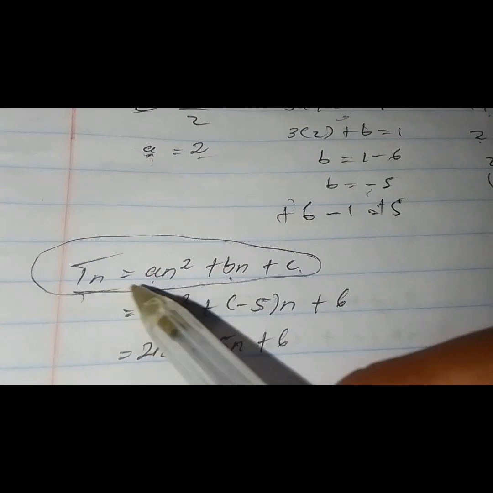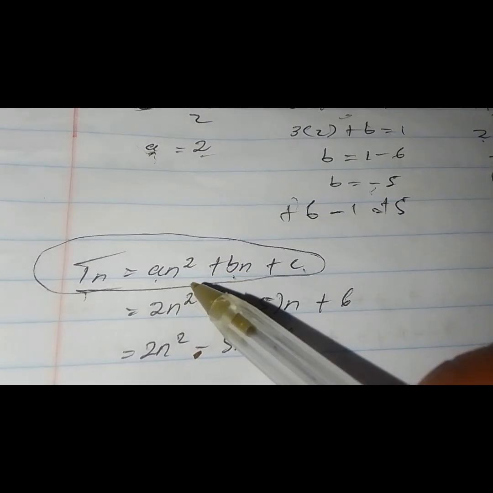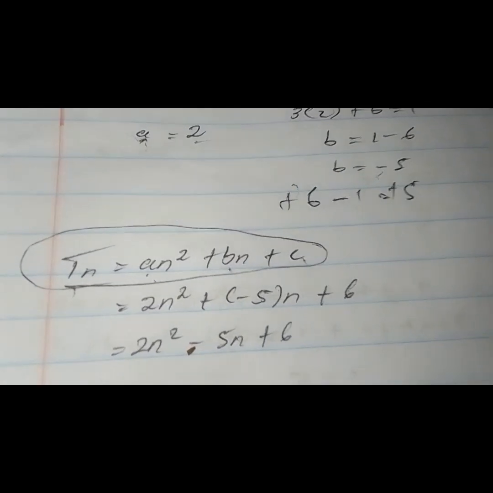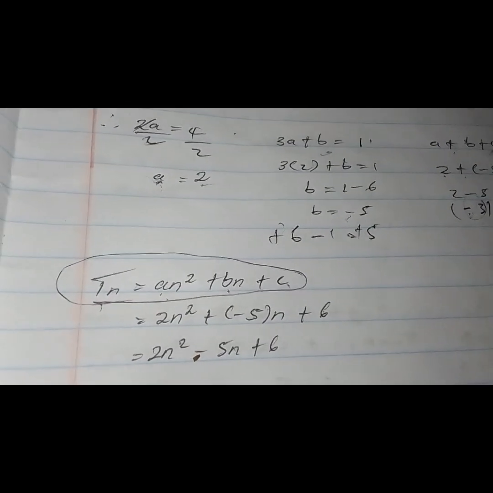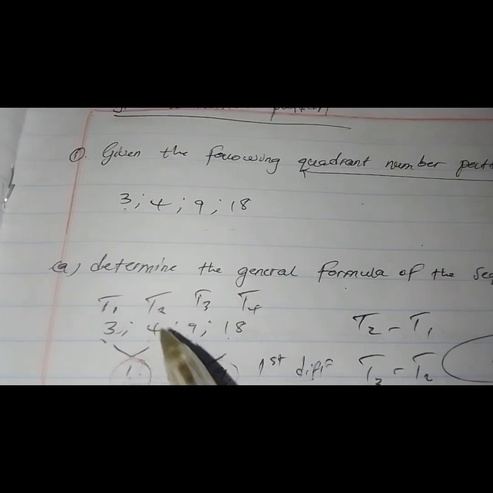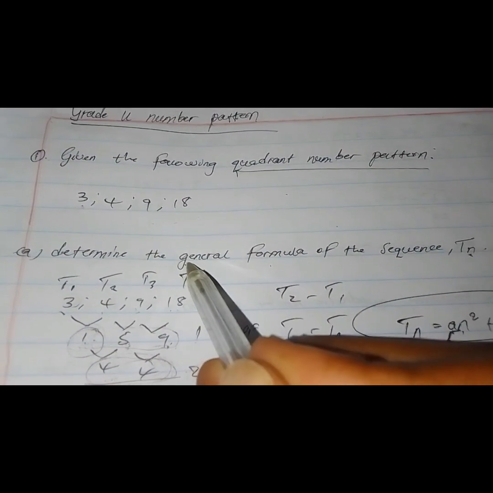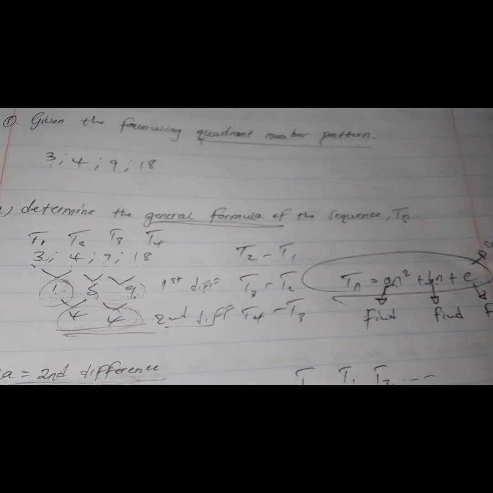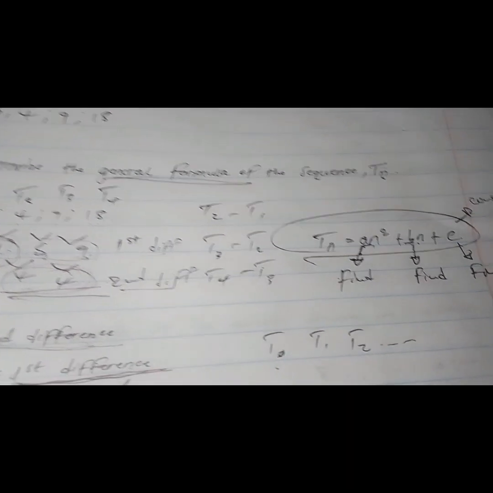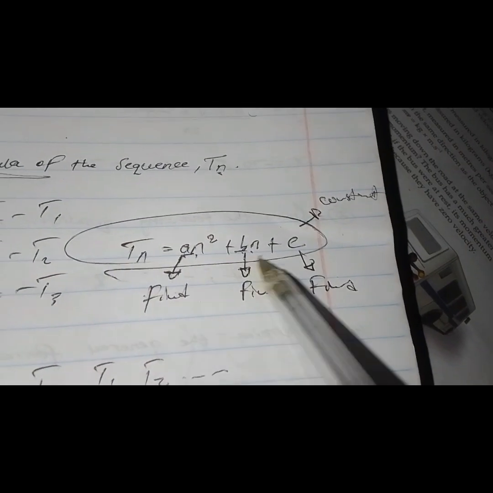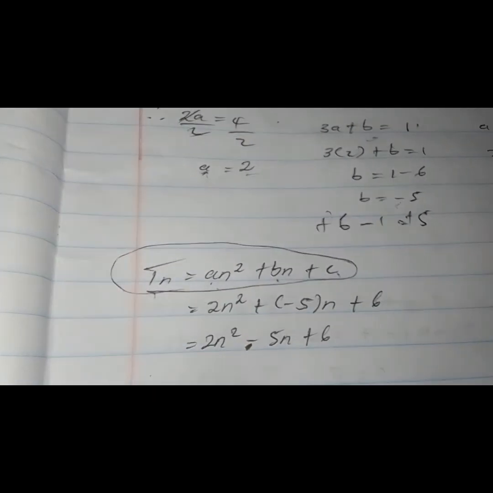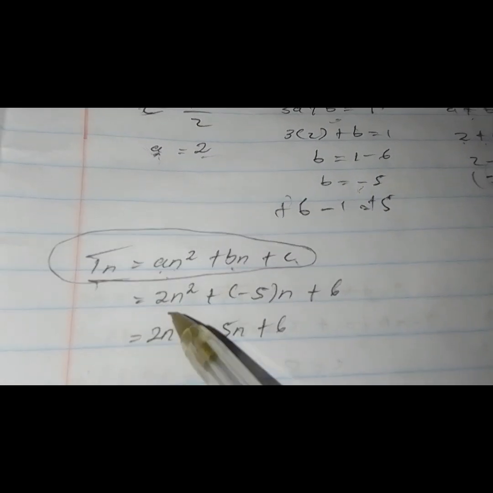In your general formula, you substitute a, b, and c only. You feel me? Because they said determine the general formula. It means your end result needs to be in this format. But you find a, b, and c. So here's how we do it, guys. In place of a, I've put 2.